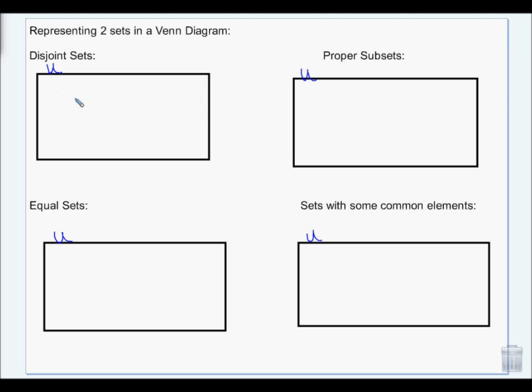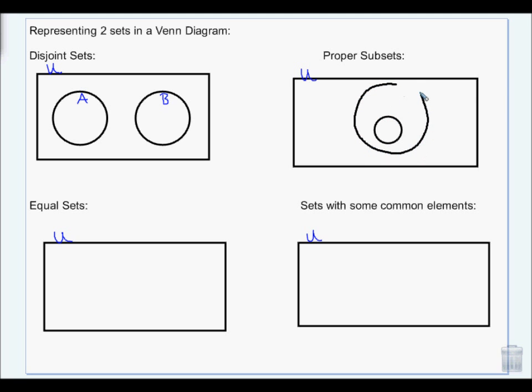Disjoint sets, so if I have two subsets inside of U that are disjoint, they're not going to touch. And this would be set A and set B. Proper subsets are going to look like this, where one of them is inside of the other. So maybe that's A and that's B. Equal sets.